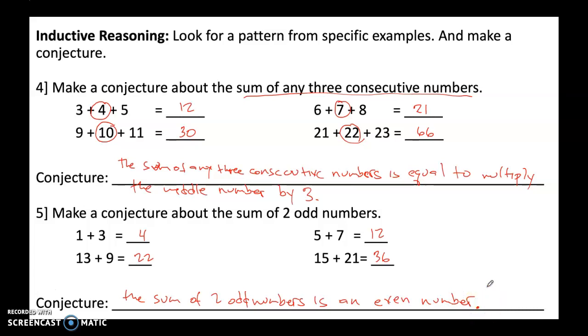If you want to show that a conjecture is false, you need to find a counterexample. You need an example where the sum of two odd numbers is not an even number.